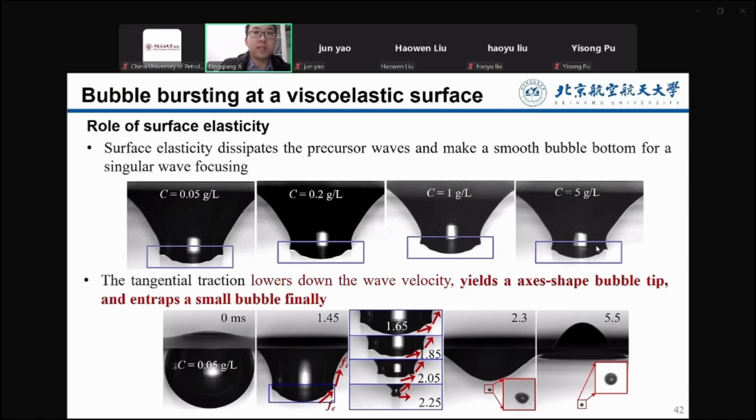You have a neck here, and the neck finally pinches off, and it entraps a small bubble. After this small bubble is formed, the cavity surface reverses. During the process of jet formation, the surface expands. So the surface elasticity inhibits this process, so it kills the jet and jet drops.